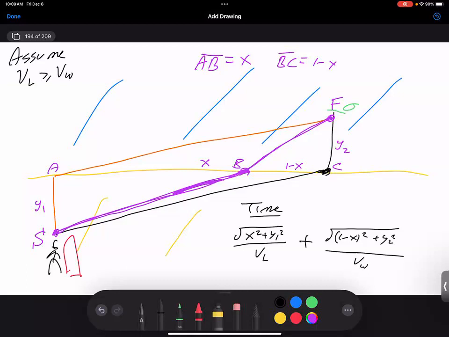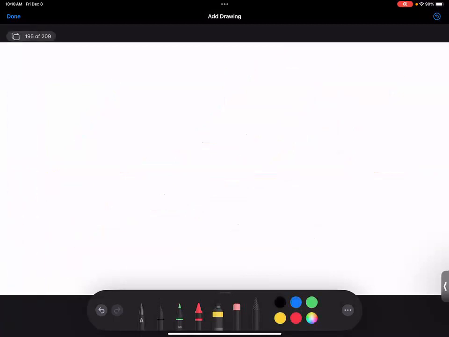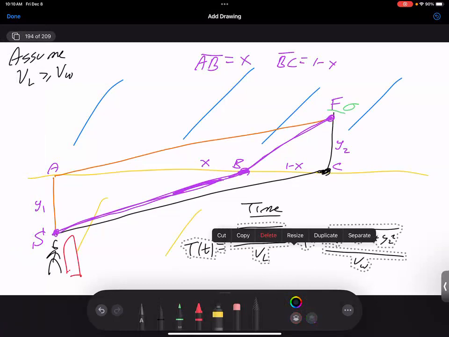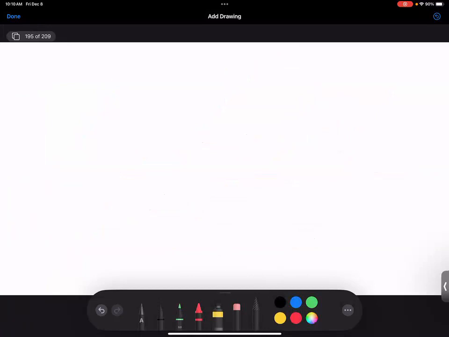Okay. And so this will be the total time. So here is our time function. Let's hope for once it will actually copy. It's annoying, it's faster to just rewrite it.